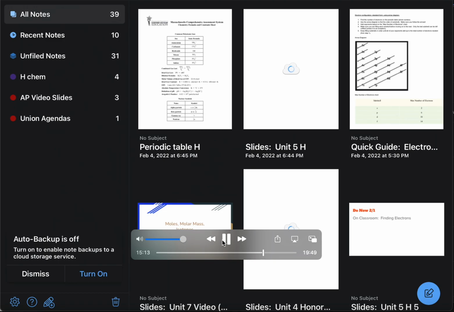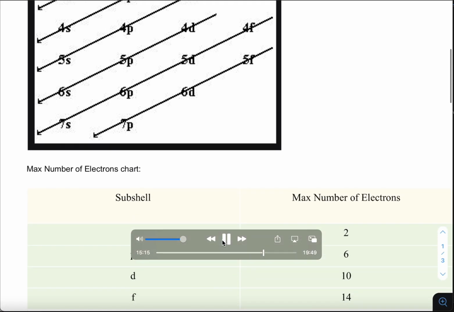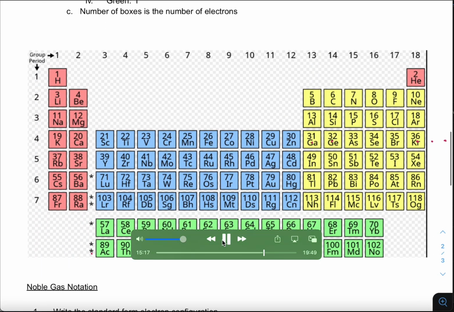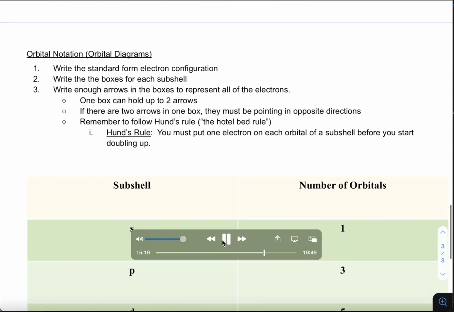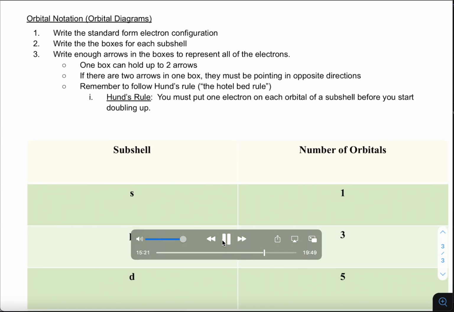The last thing we're going to talk about is orbital notation, which sometimes is referred to as an orbital diagram. There are several different ways to do this, different ways you'll see it.